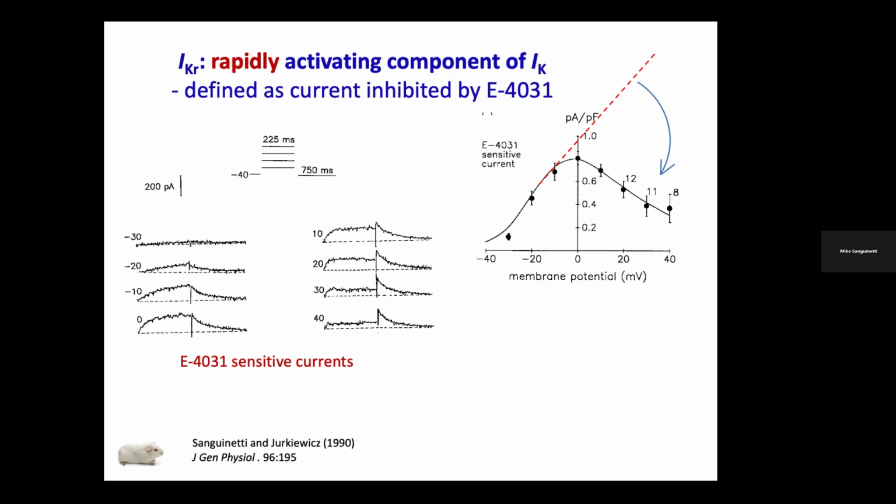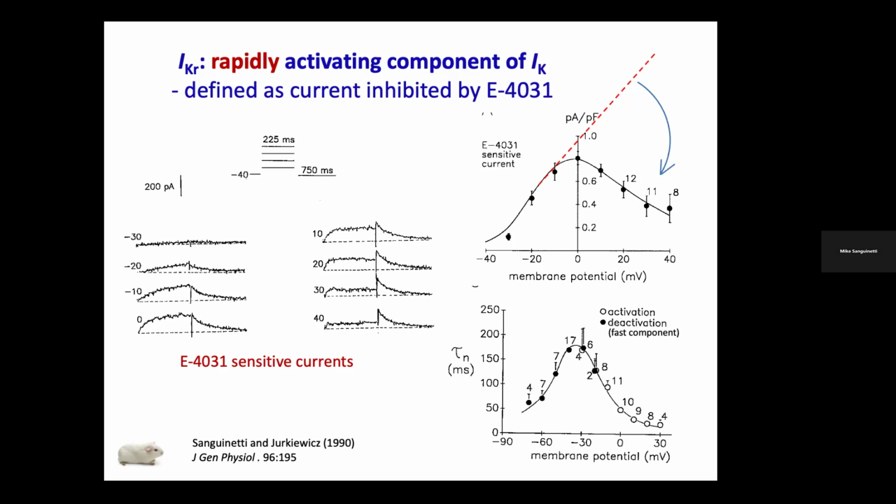So that was sort of unusual and didn't really match anything that was published at the time. And the time constants for both the activation and deactivation phases of current, either opening or closing, are shown here. You can see that the fast time constant, there's also a slower component, which isn't shown here, varies from about 10 milliseconds up to about 170 milliseconds. So it's a pretty fast current.